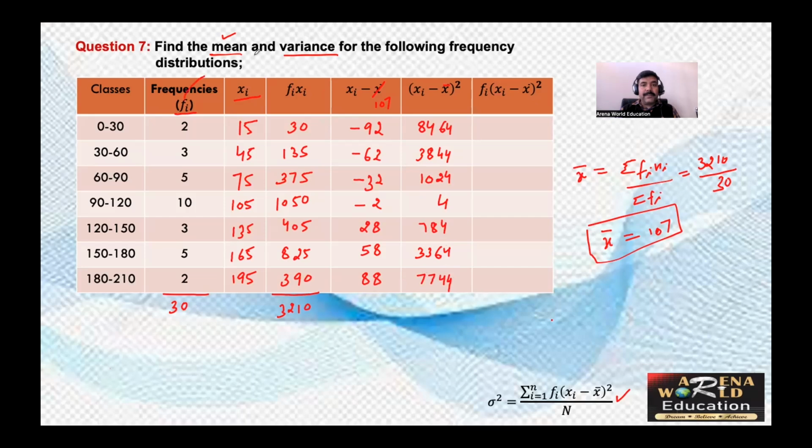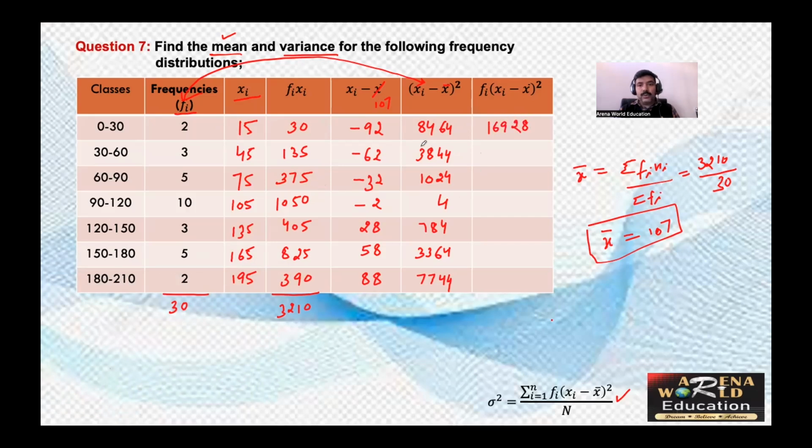Now, what is the next step? We will multiply each fi with (xi minus x bar) square. So you have to be very, very careful. The calculation is lengthy. So 2 into 8,464 will be 16,928.